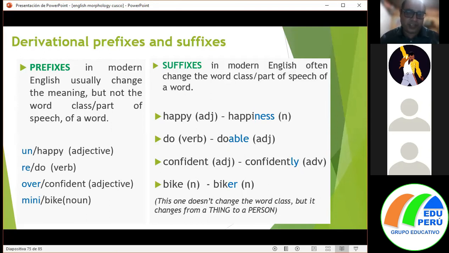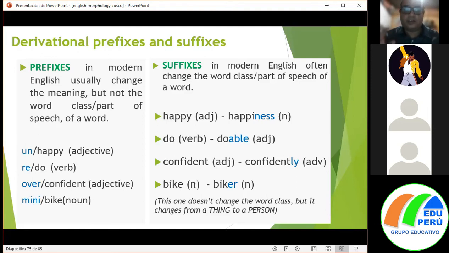Remember, in English, we have just 8 inflectional morphemes. Derivational, we have a lot. There is a huge list of derivational prefixes and suffixes, all right? So you can use a lot of suffixes and prefixes in the derivation process.